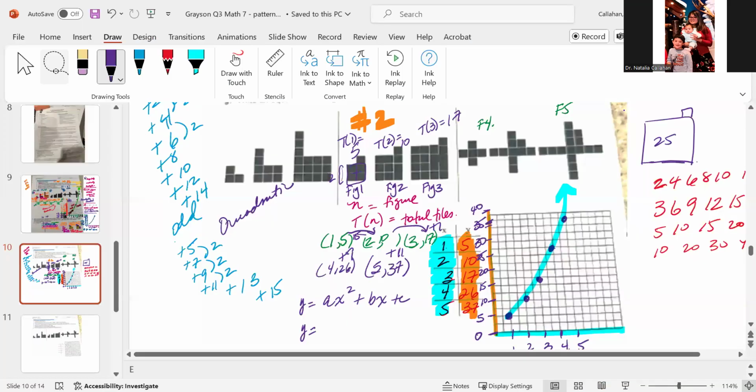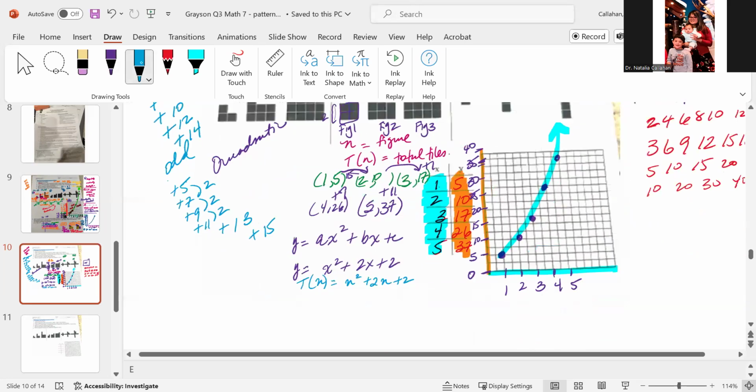So y equals x squared, right? Plus, I think was it 2x squared or what was it? Oh, it was 2x, plus 2. Now, this is the same thing as saying t of n equals n squared plus 2n plus 2.